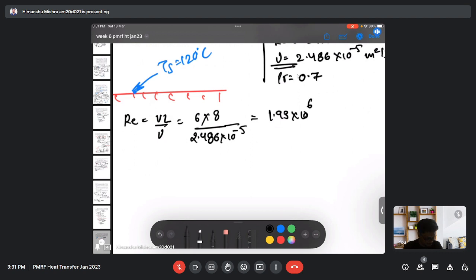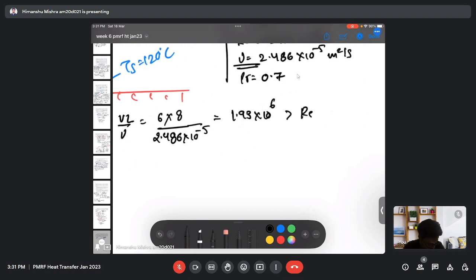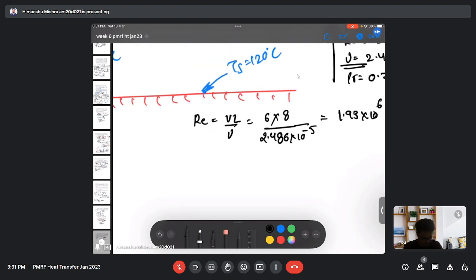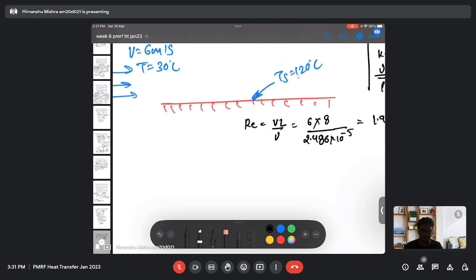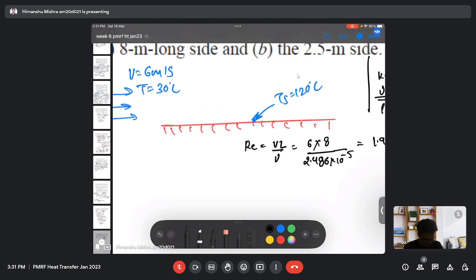which is greater than the critical Reynolds number, which is 5 10 to the power 5, which means over this plate there will be both laminar as well as turbulent flow region. First there will be a laminar flow boundary layer, and after that there will be a transition and it changes into a turbulent flow field.